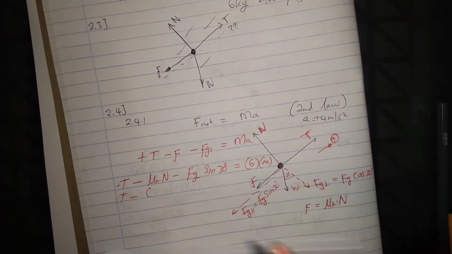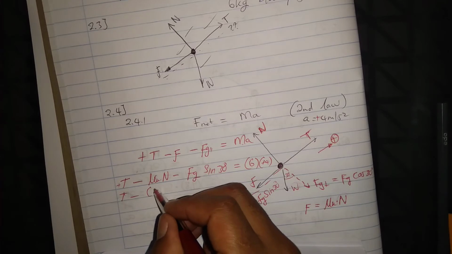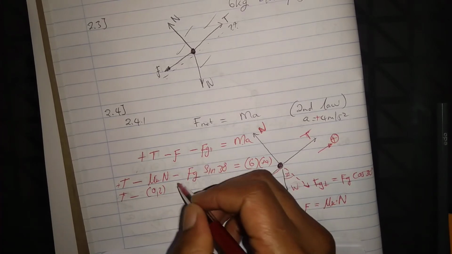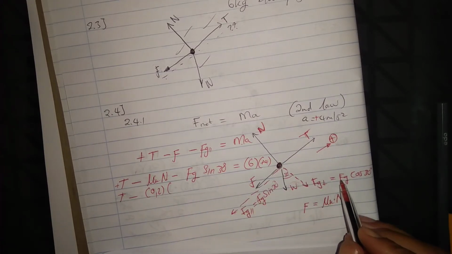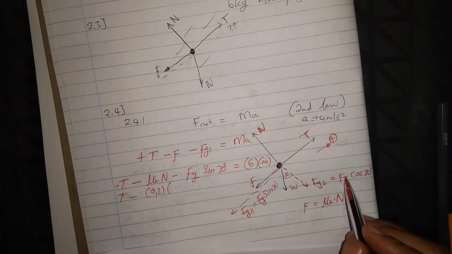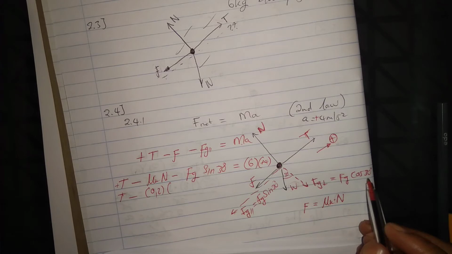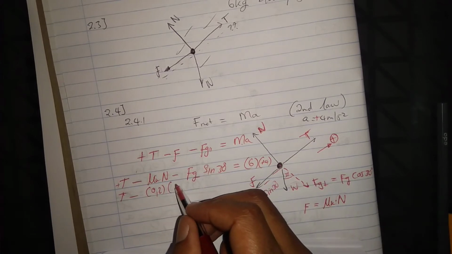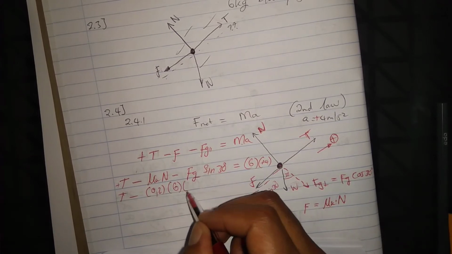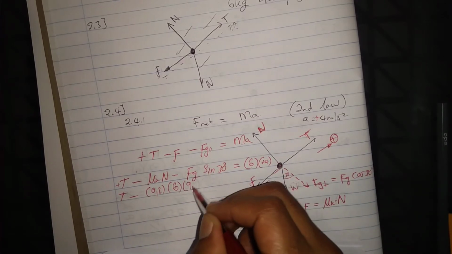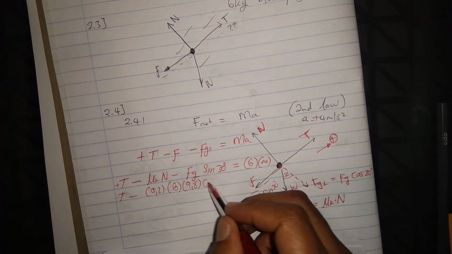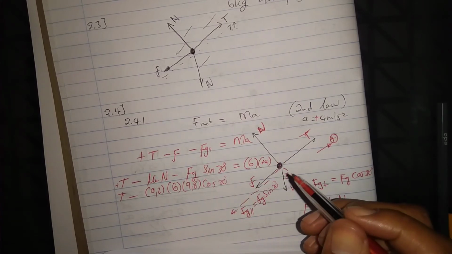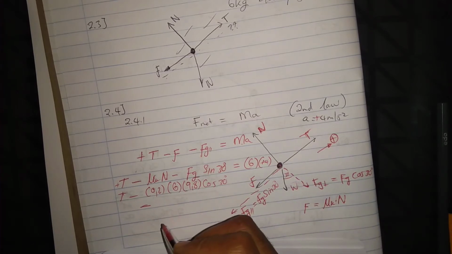So 0.2 times the normal force. The normal force is Fg perpendicular, and Fg perpendicular is Fg, which is mass times gravitational acceleration times cos 30 degrees, so it's 6 times 9.8 times cos 30 degrees.